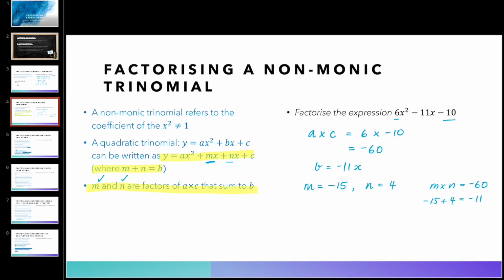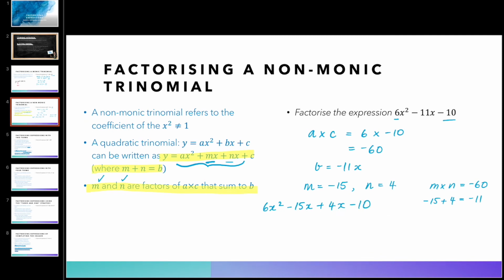So I'm going to rewrite the original expression as 6x squared minus 15x plus 4x minus 10.